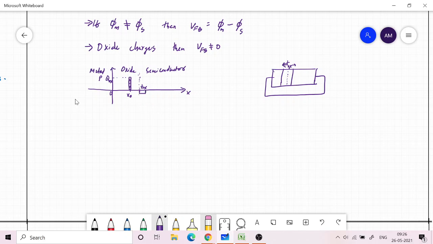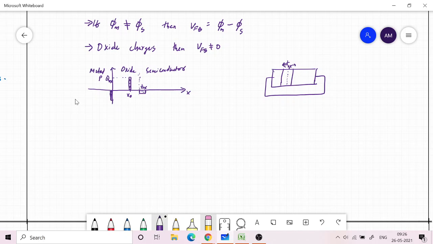So these are the immobile charges. Some kind of depletion region is created. These are negative, immobile charges, and there is some charge in the metal also, which is also going to be negative.